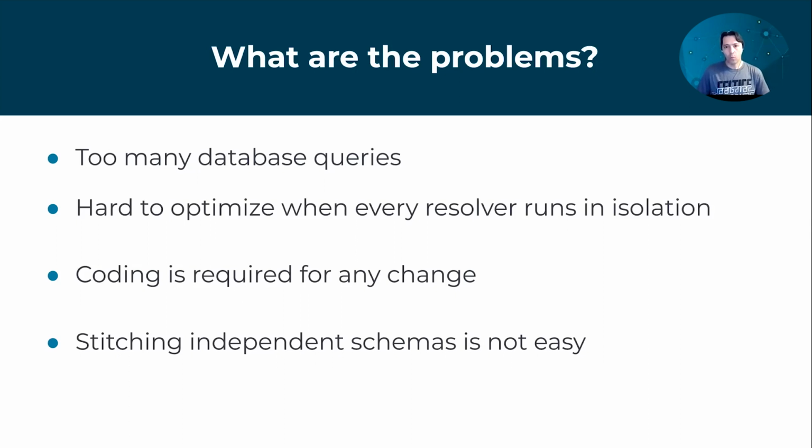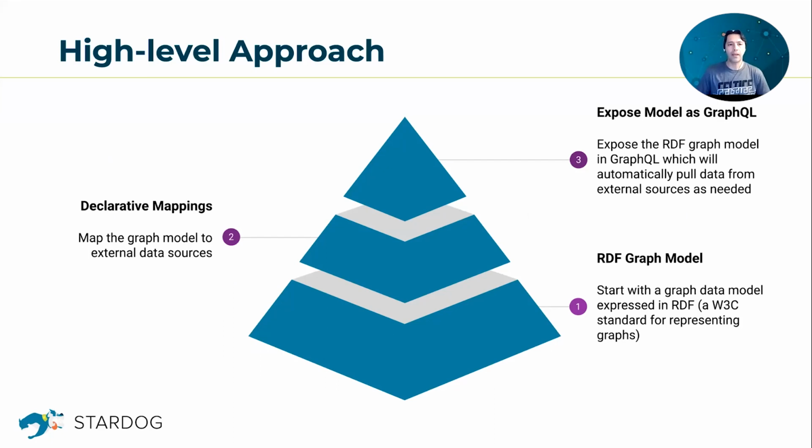What we are doing with Stardog is different from what you would see in a regular GraphQL system, like if you take something like Apollo Server or whatever you use to implement a GraphQL architecture. We are starting with a graph model in the first place. This is not a GraphQL schema, but I'll show this.